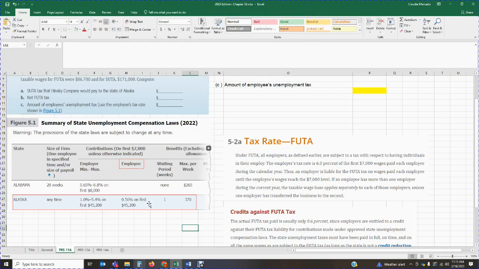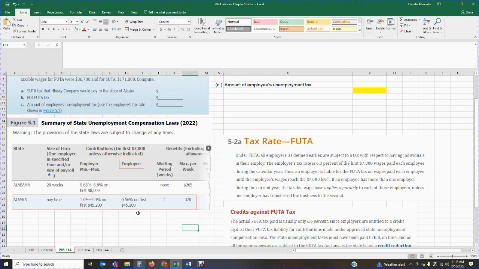So for Alaska, the rate is 0.56% on the first $45,200 of earnings. So the employee has to pay SUTA taxes on the first $45,200 at the rate of 0.56%.